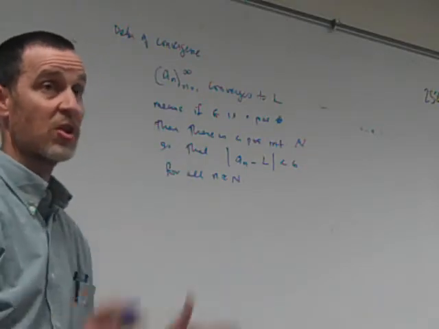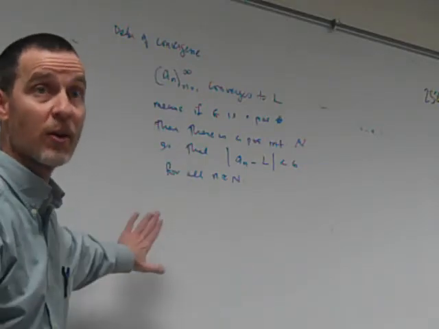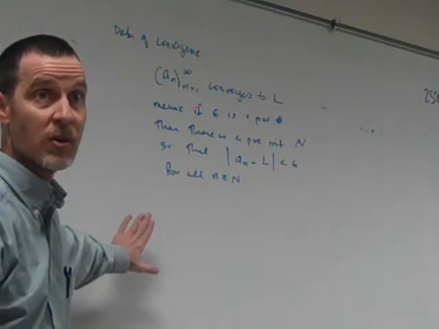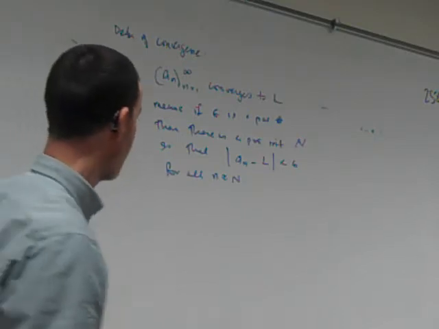Like I said, mathematicians spent 100 years or more trying to figure out that statement. So if it takes a little while for you to figure it out, that's okay.